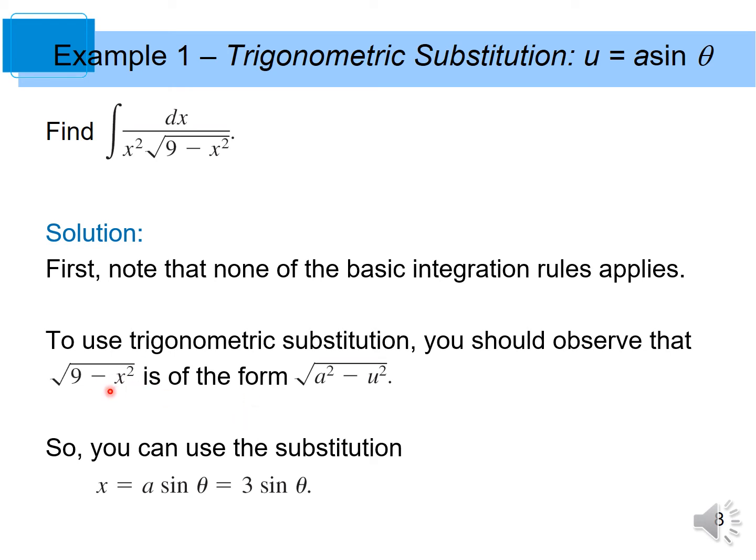Comparing these two, a is equal to 3 and u is equal to x. So our x is equal to 3 sine theta.